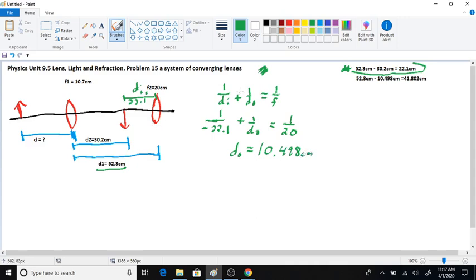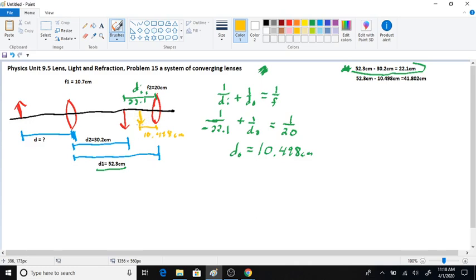That means from here to here is 10.49 centimeters. So our object is here. The object is positive, so it's the same orientation it was. So 10.498 centimeters would be our DO, but it's the DO of the second lens.